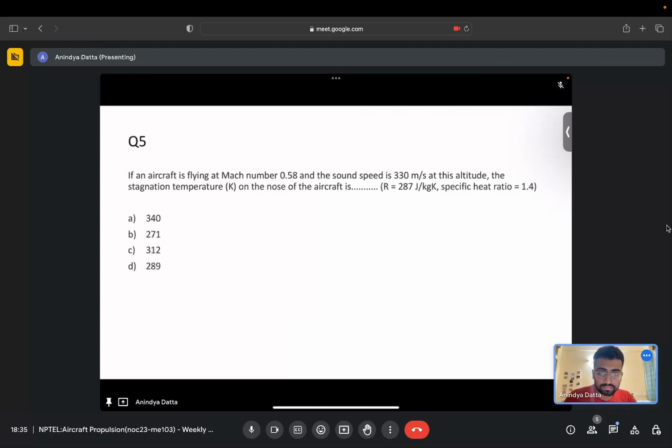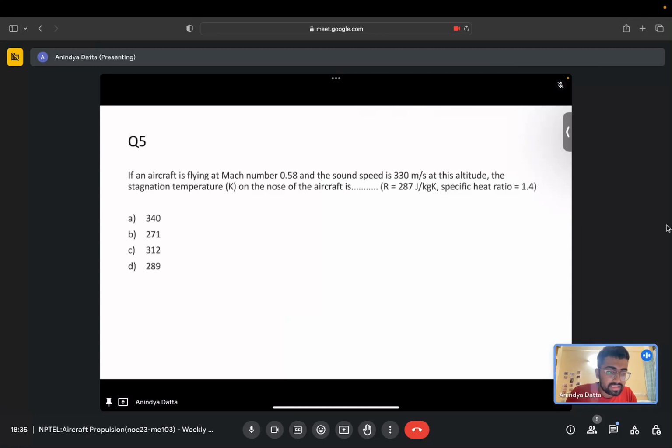So how do we proceed with this? How do we define stagnation temperature? Stagnation temperature is a way to incorporate the kinetic energy of the flow into it.